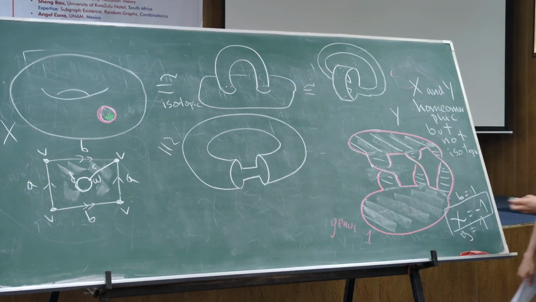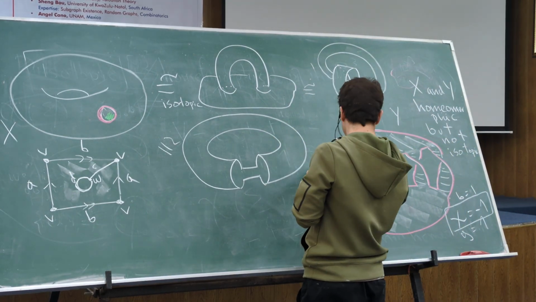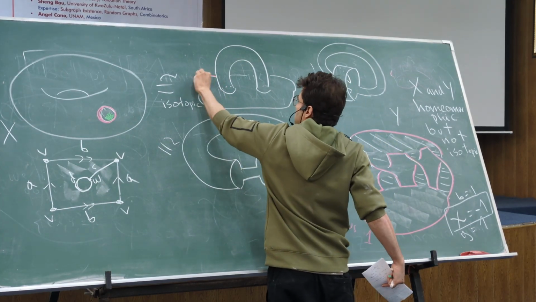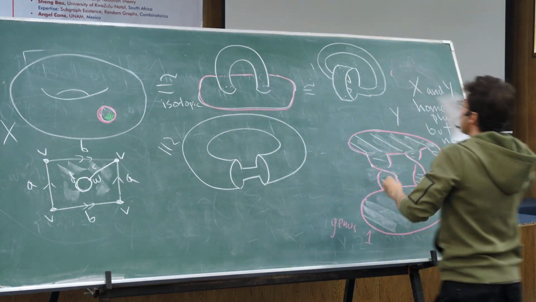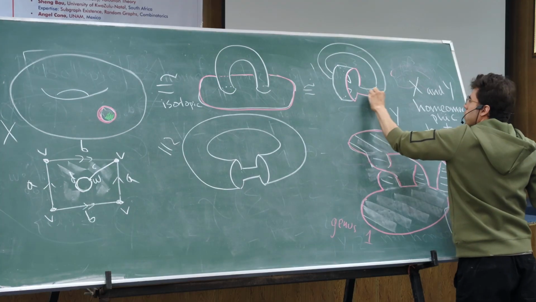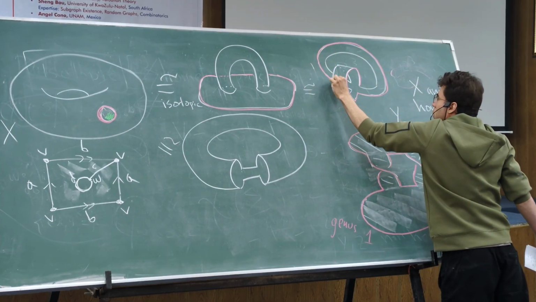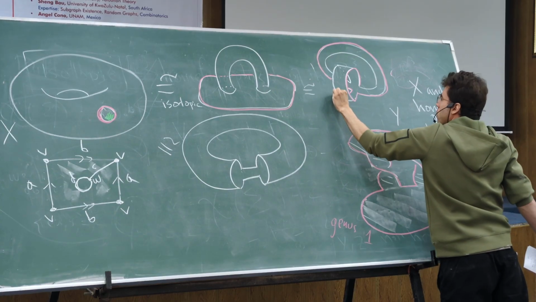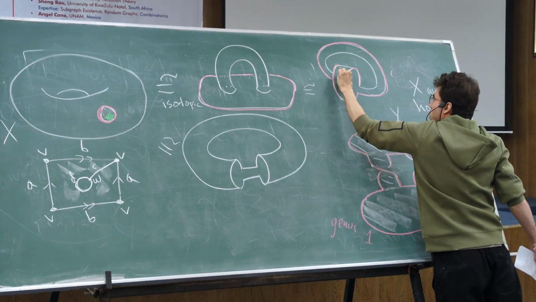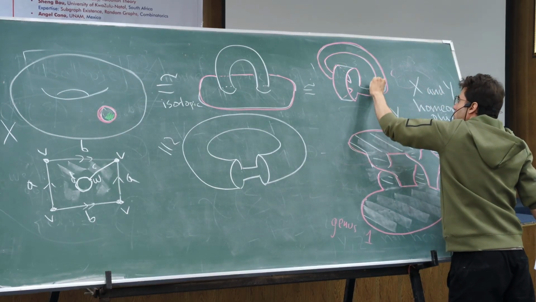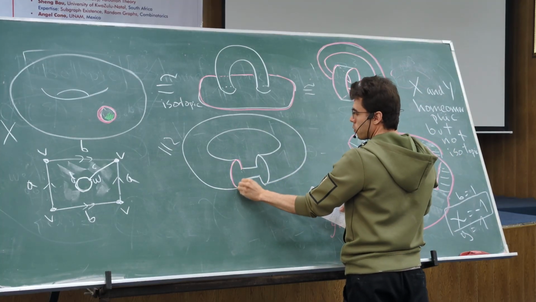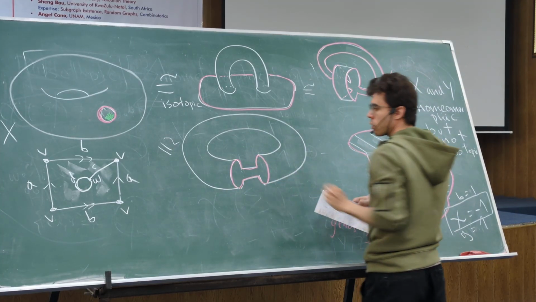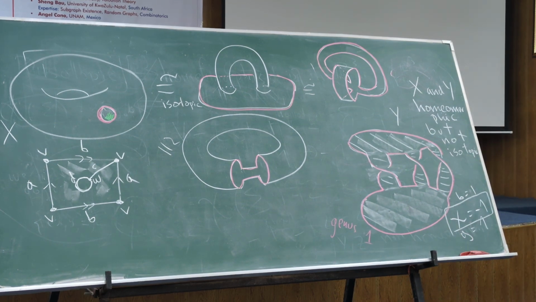If the two things are isotopic, then the boundaries will be the same throughout the structures.